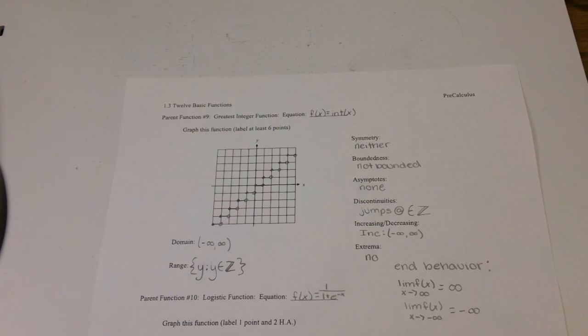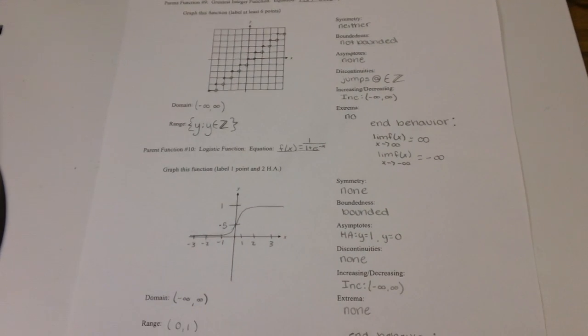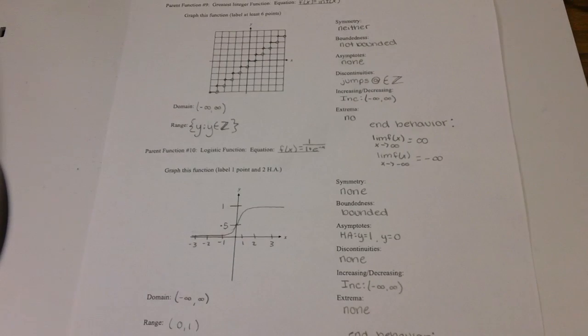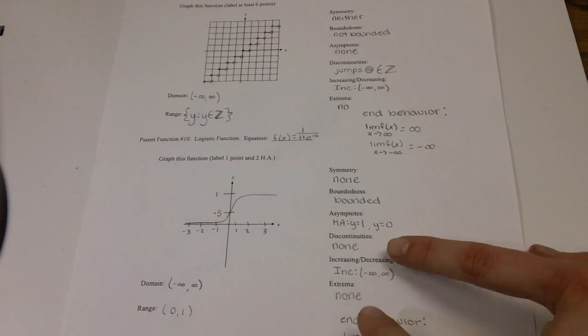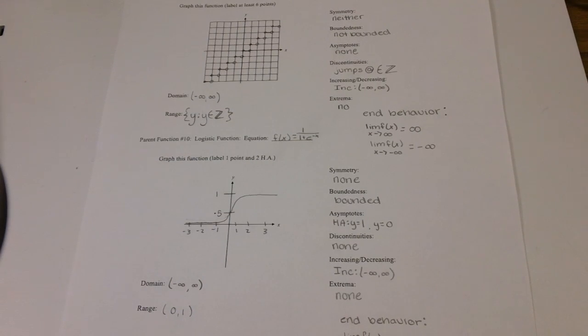The parent function 10 is the logistic function, defined as f of x equals 1 over 1 plus e to the negative x power. There's no symmetry and it's bounded. The asymptotes are y equals 1 and y equals 0. There are no discontinuities.